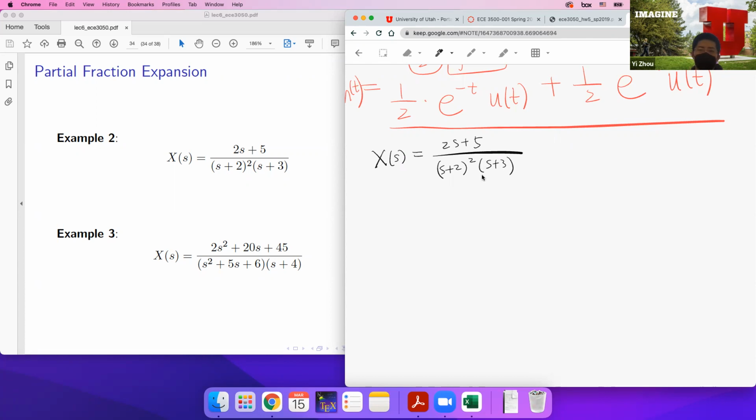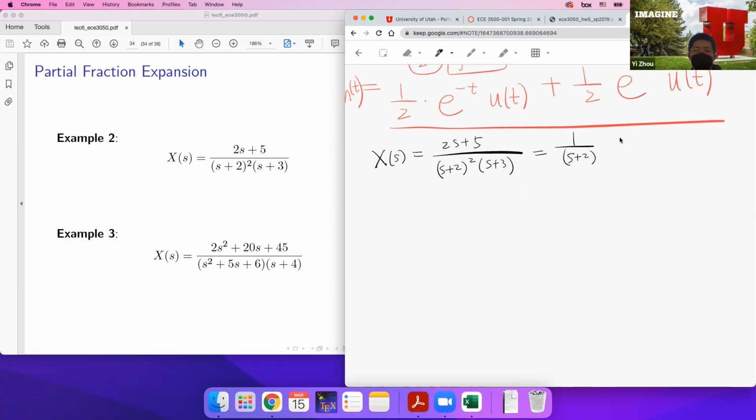Well, here you just follow the standard steps because the denominator is already in a factorized form. You have (s plus 2) squared times (s plus 3). So what you do is, you can actually do this step by step.